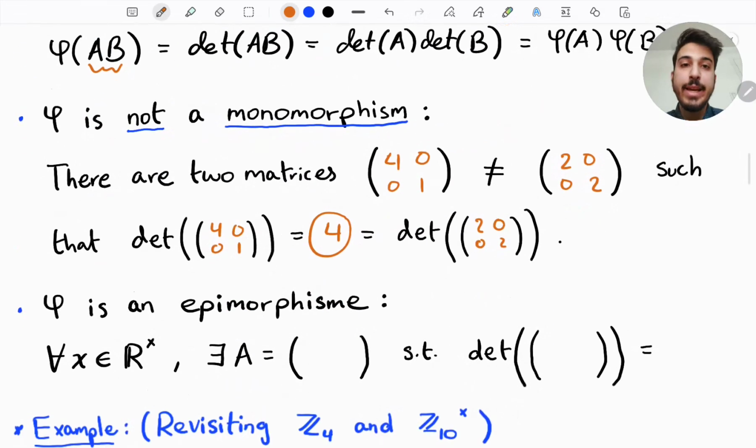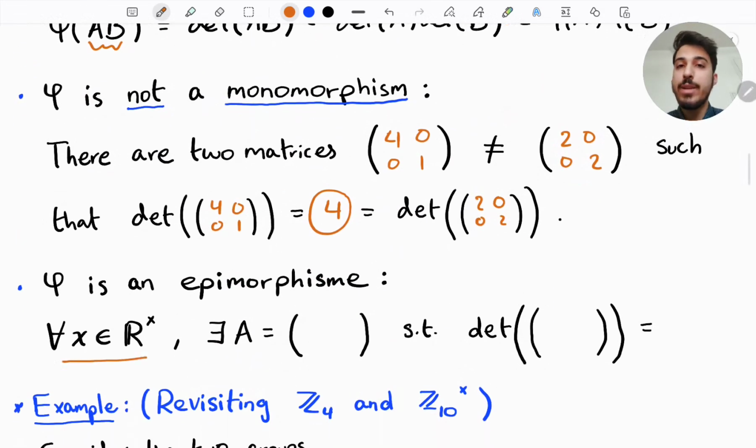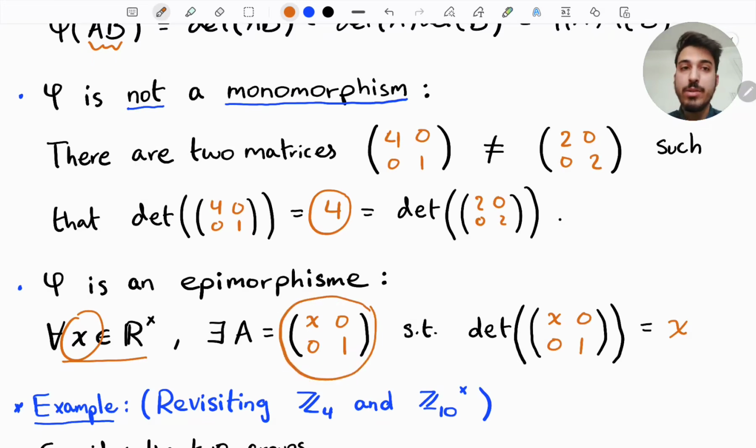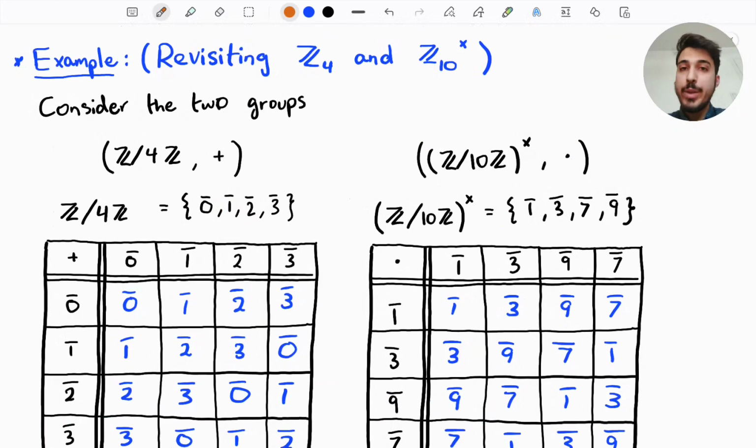That is in fact the case because for all x, a real number that is not zero, there exists a matrix which we will define as [[x, 0], [0, 1]], such that the determinant of [[x, 0], [0, 1]] is equal to our desired element in the codomain, x. So essentially, by using this matrix construction, we are able to reach all of the real numbers that are not zero.